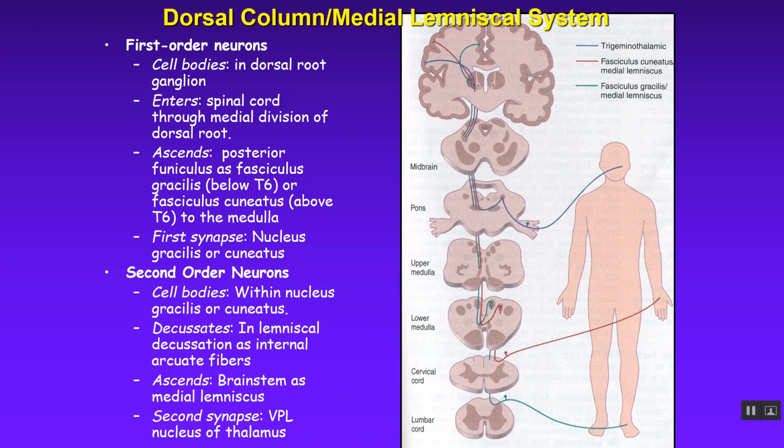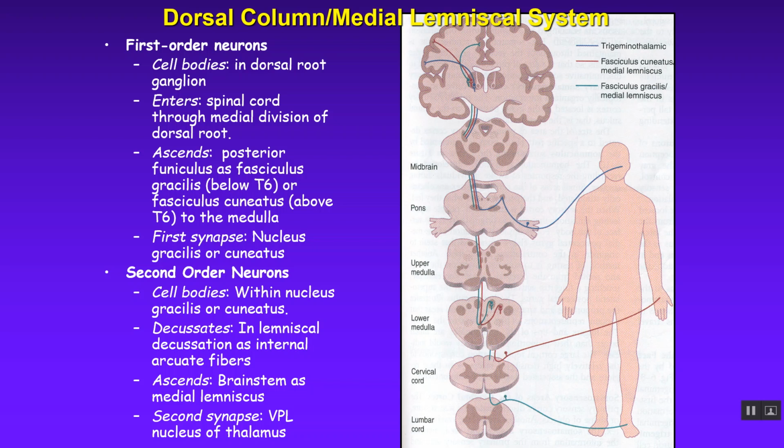The pathways for sensation typically involve at least 2 orders of neurons. Many involve 3. If they're going to go to your brain, your cerebrum, they're going to involve 3 neurons. If they're just going to your cerebellum or your brainstem, they may only require 2 neurons in the pathway. But we'll go through that.